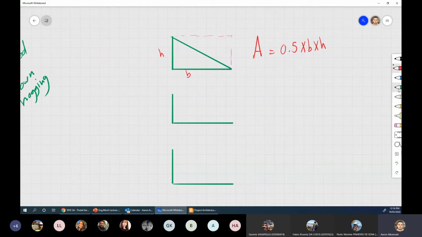Now, if I have a second degree curve like this, the rule about this, rather than half, rather than 0.5, would be thirds. So let's just rewrite that in a different way.